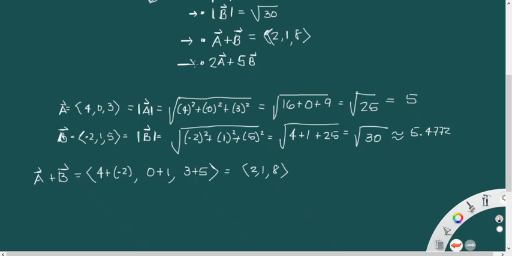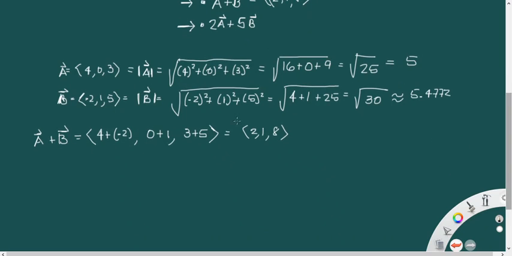Let's do the last one. This is a multiplication by a scalar, and then the addition of the two results. So let's write it here. It's going to be 2 times A plus 5 times B equals 2 times the first vector, which is 4, 0, 3, plus 5 times the second vector, which is -2, comma 1, comma 5.